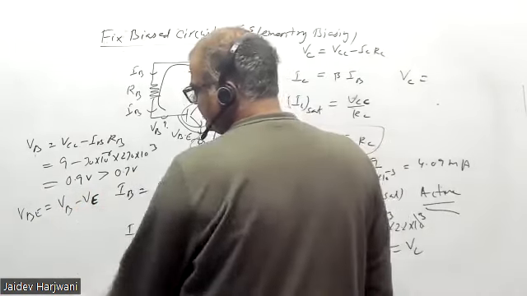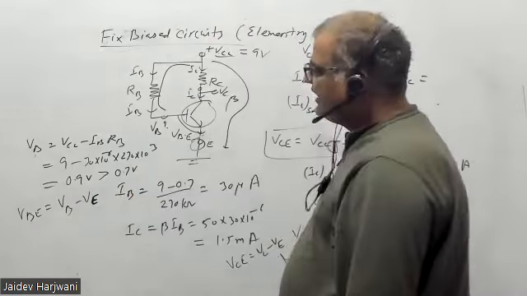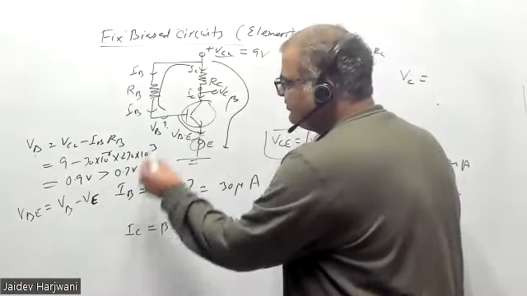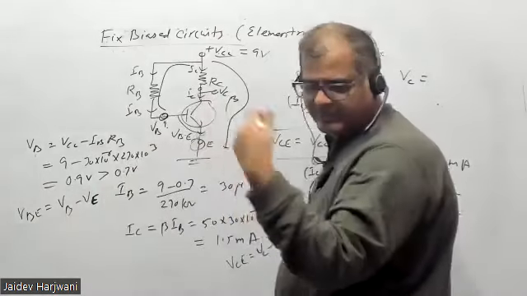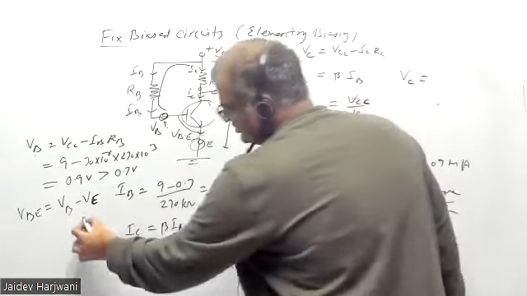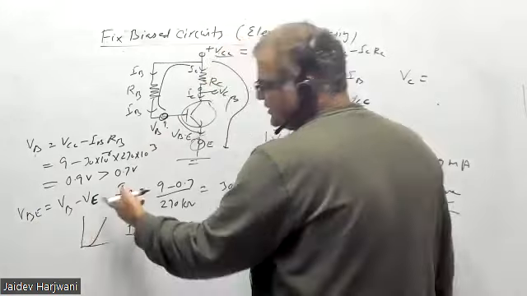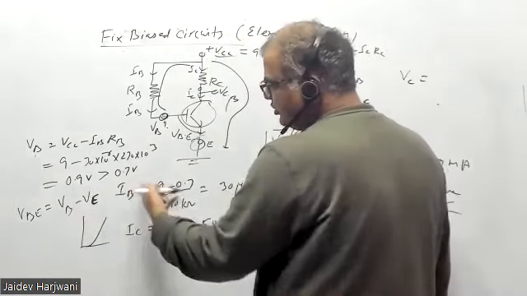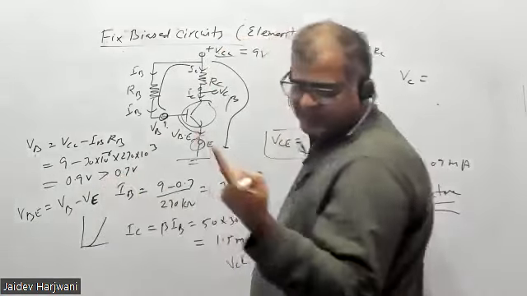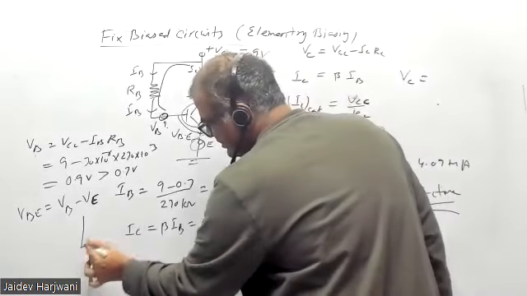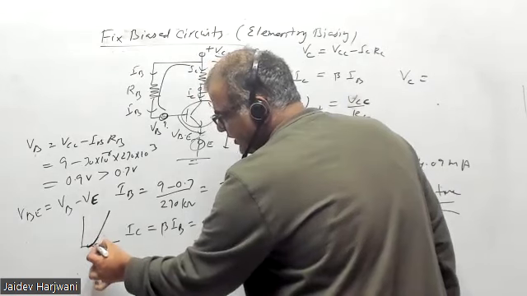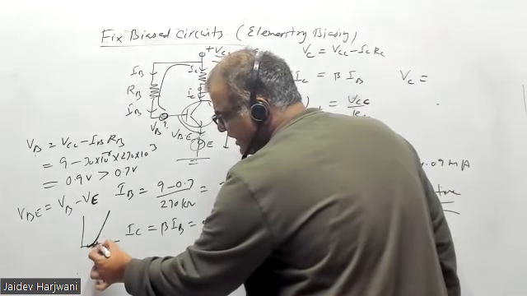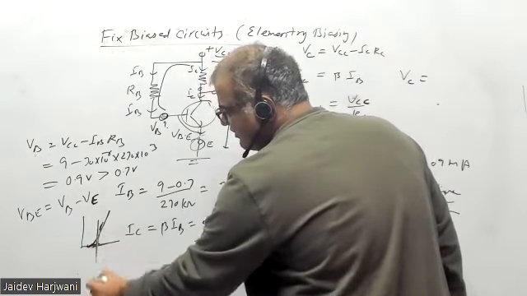Here VE is 0. But if it's not coming same, that means you are applying more than cutoff. So drop will be always 0.7, whether you apply higher voltage also, because this is the characteristics of your diode. You're getting 0.9, but we'll take it as 0.7 because of the characteristics. It is slightly varying, but we always take constant value VBE.